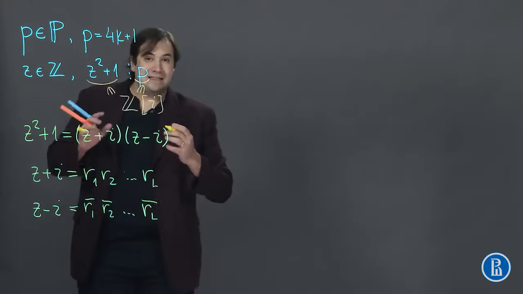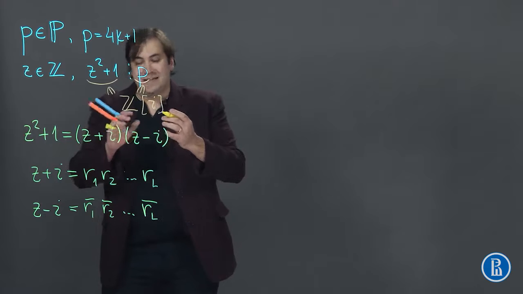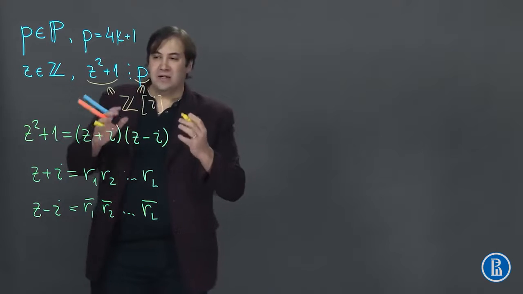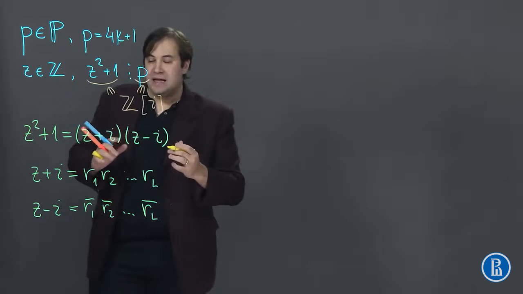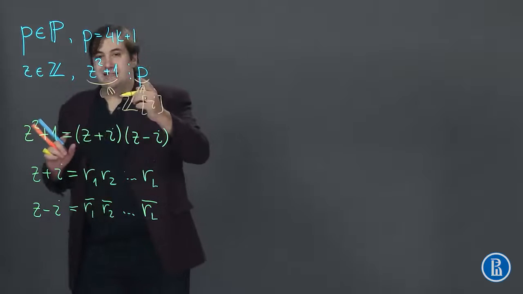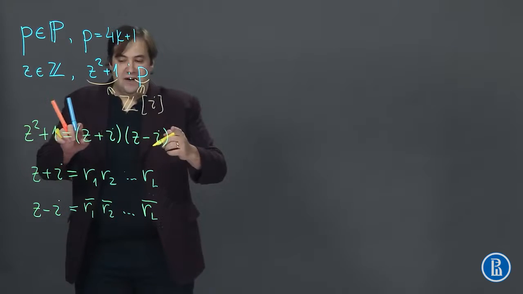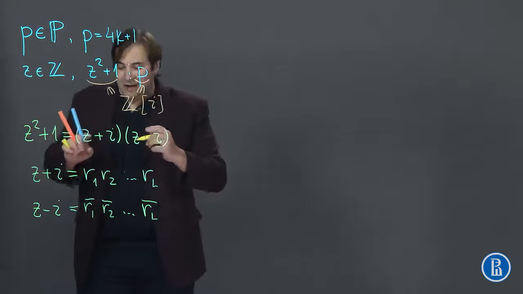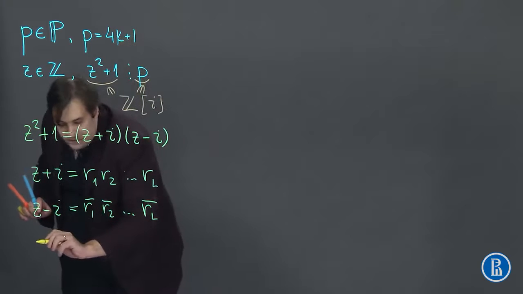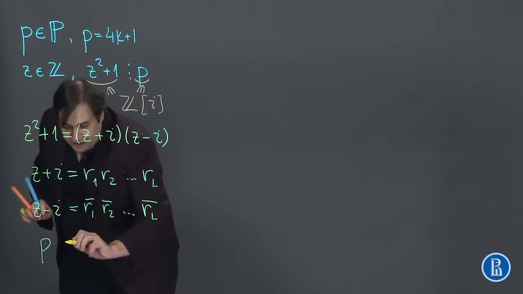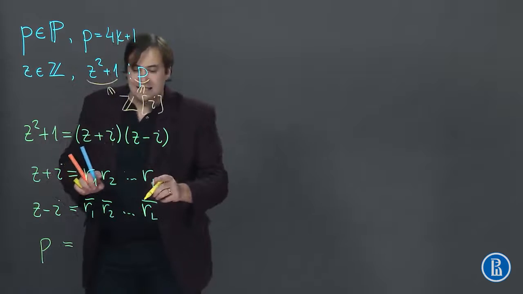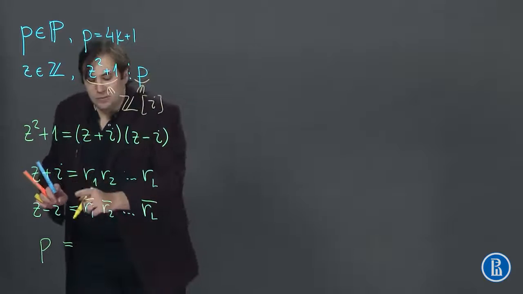But since the complex integer ring is a unique factorization domain, p, which is a divisor of z squared plus 1, which means that p is a divisor of this product here, must also have a prime decomposition consisting of these primes.